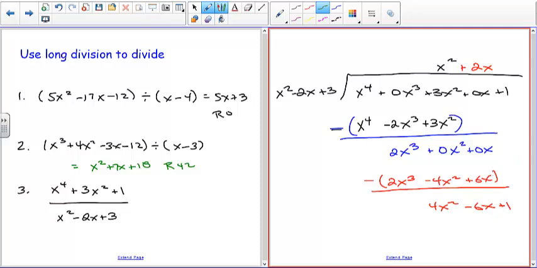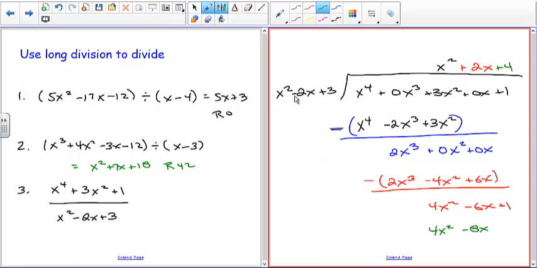And then our final step is, what do I need to multiply x squared by to get 4x squared? Well, the answer is 4. Multiply each term by 4. 4 times x squared is 4x squared. 4 times negative 2x is negative 8x.